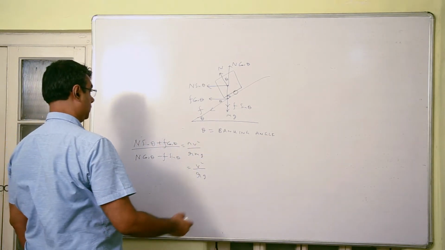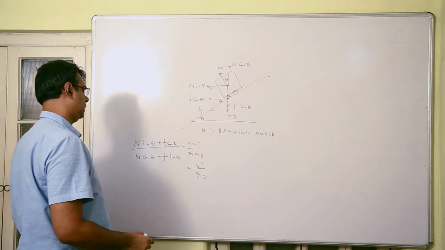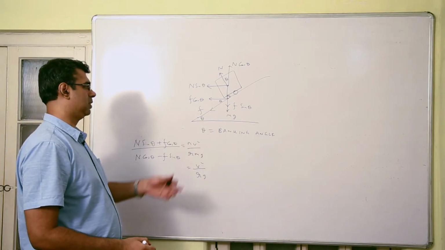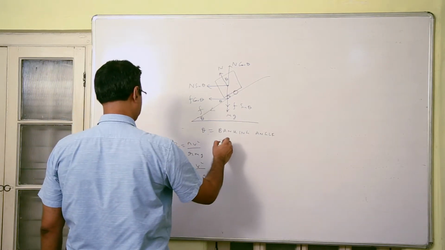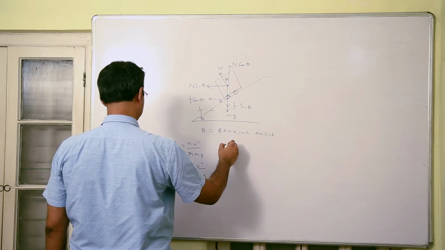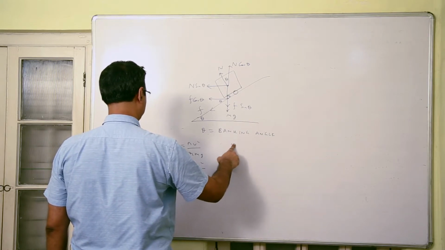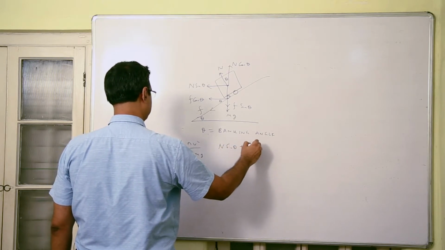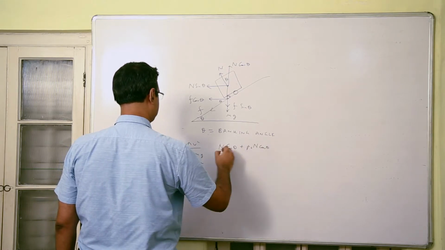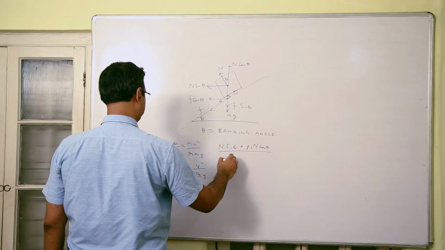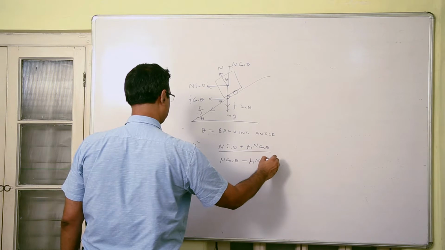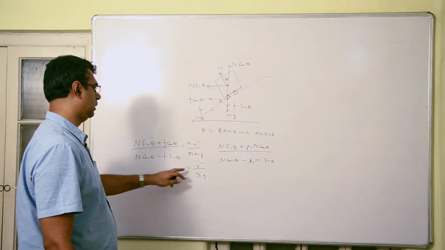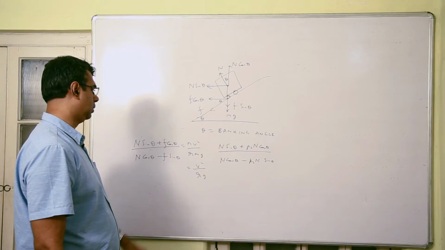Now you know that the friction is capable of adjusting itself till it reaches the maximum value. So if you put friction equal to the maximum value, that is mu s into N, in the numerator, and in the denominator also you put mu s into N. Just replace friction with mu s into N above and below.